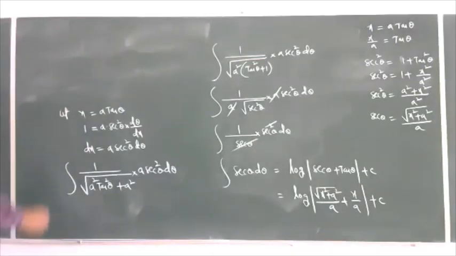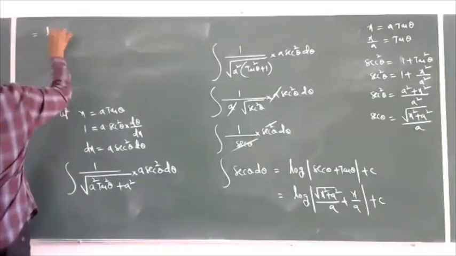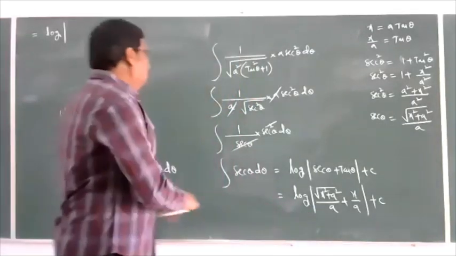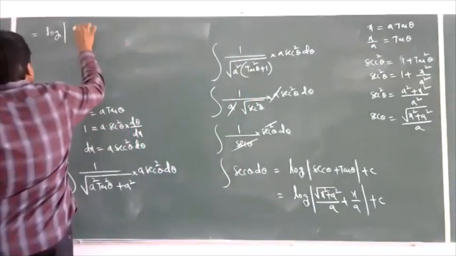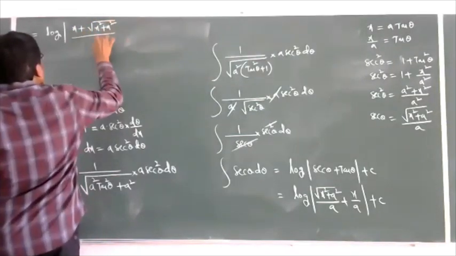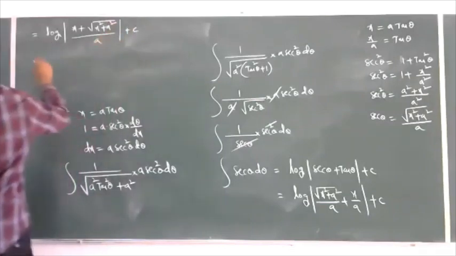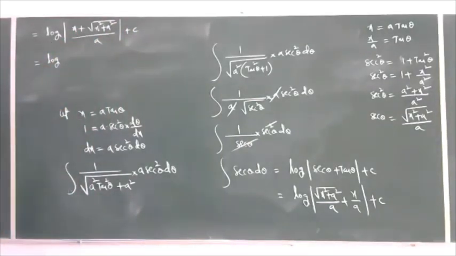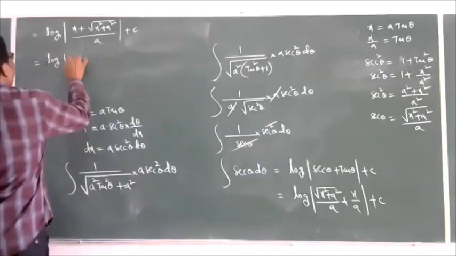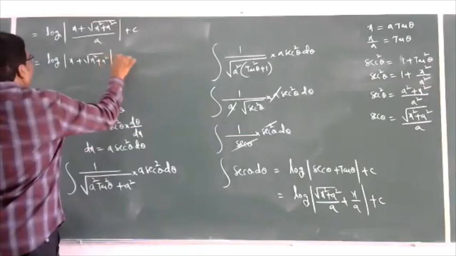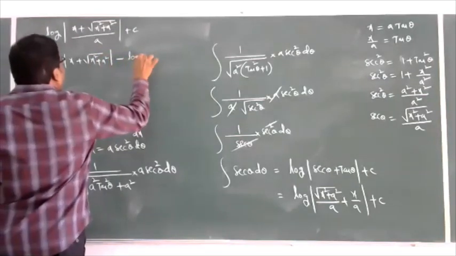Then simplify. That is log mod, here a is the LCM, in the numerator x plus root of x square plus a square, by a, plus c. Then log a by b is log a minus log b. That is log mod x plus root of x square plus a square minus log a plus c.